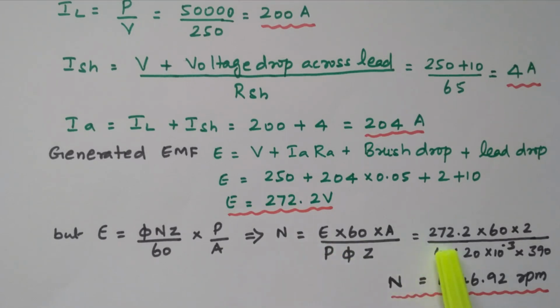E equals 272.2, which we just calculated, into 60 into A, number of parallel paths equal to 2 because of wave winding, divided by number of poles which is 4. The phi is given as 20 milliweber, 20 into 10 to the power minus 3. Number of conductors is 390. By simplifying, we got 1046.92 RPM. The speed of the generator is around 1046.92 RPM. So in this problem, we discussed a problem based on the DC shunt generator.